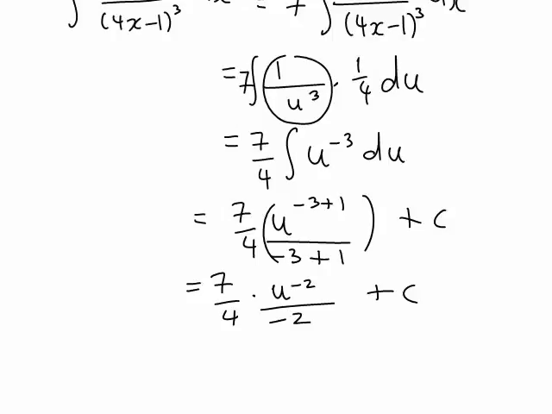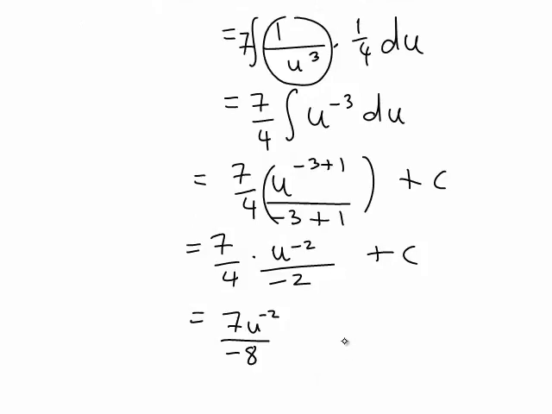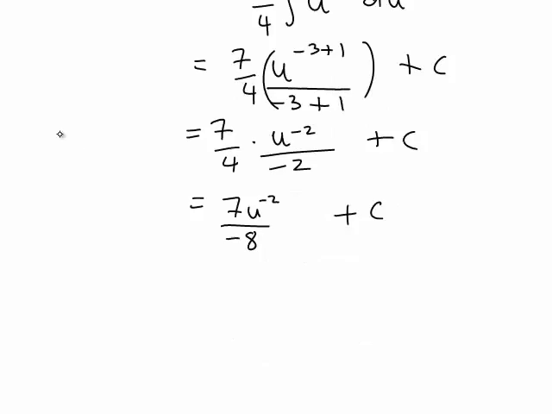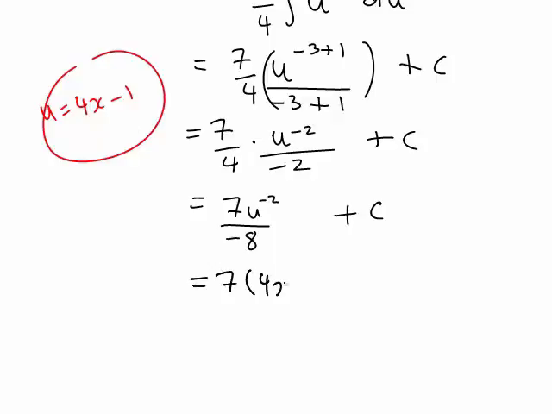which, multiplying those two fractions together, gives 7u to the negative 2 divided by 4 times negative 2, which is negative 8. And then that's all still plus c. And we had defined u equal to 4x minus 1 for this example. So substituting that back in, we get 7 times (4x minus 1) to the negative 2 divided by negative 8 plus c.